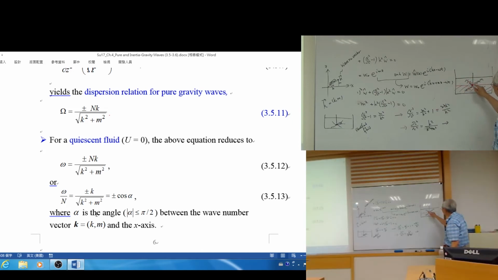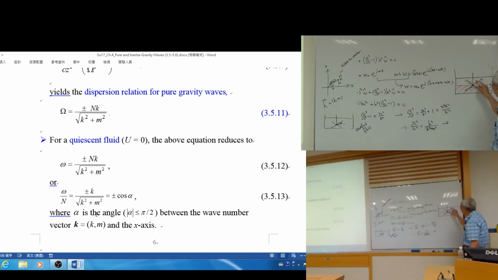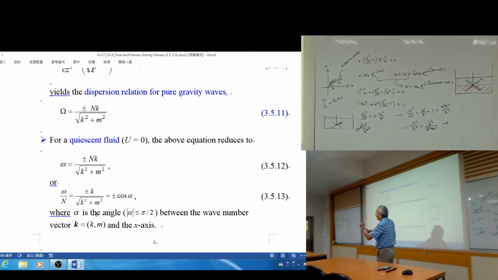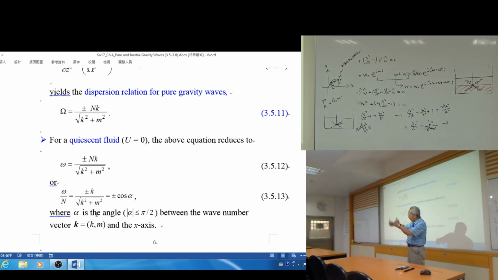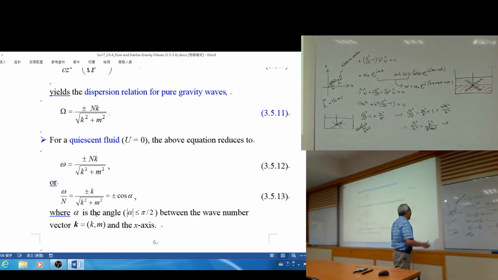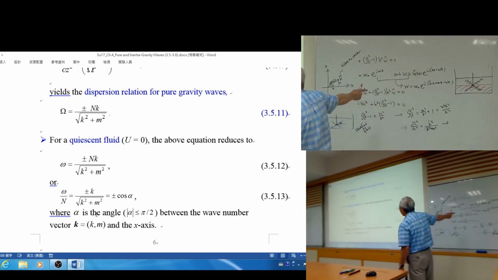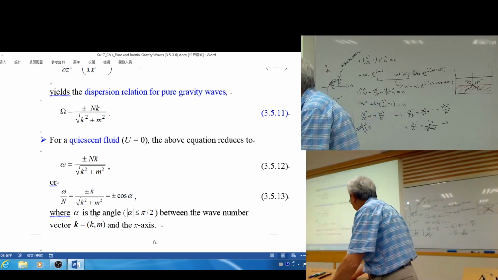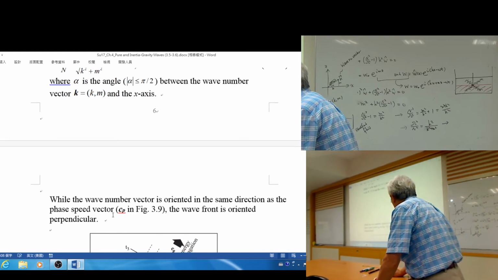Then you only have this wave and this wave, and these two waves represent upward and downward propagating. For mountains, you have upward and downward propagating, so you have phase kind of tilted upward or downstream or upstream. In a simple way to say, we're going to give more explanation of that in the next chapter.